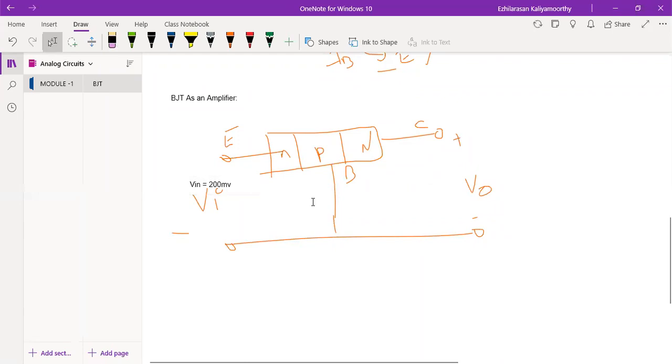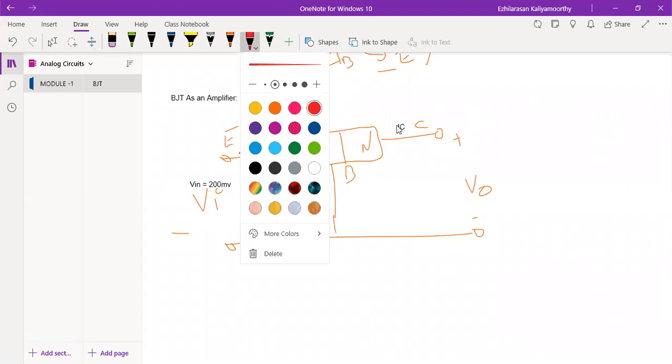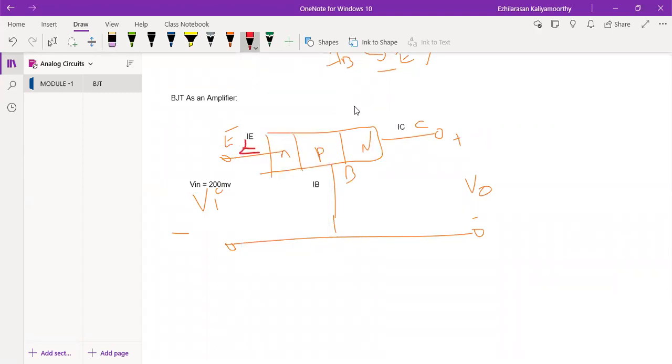Then I'm going to take the currents: this is IE, this is IC, and this is IB. As you know the direction, the emitter current will flow like this, then the collector current also goes inside, and the base current also moves inside.